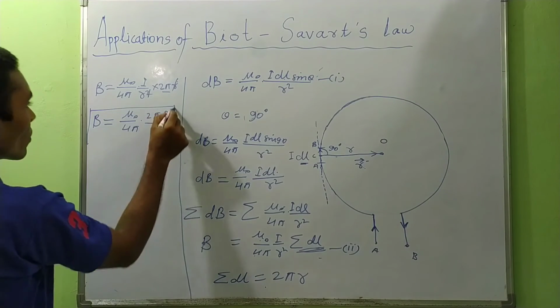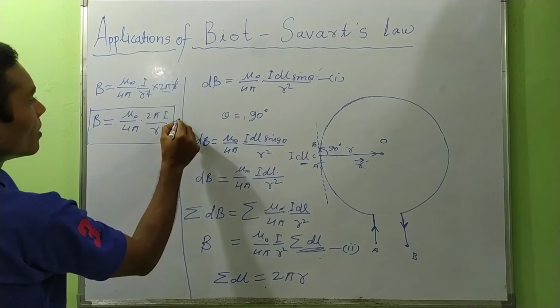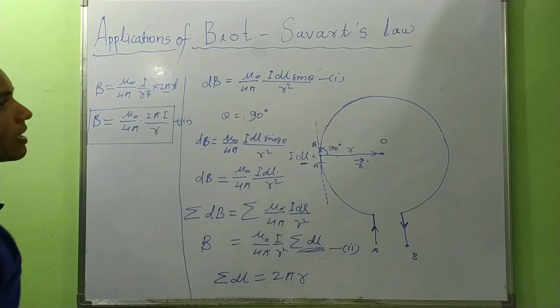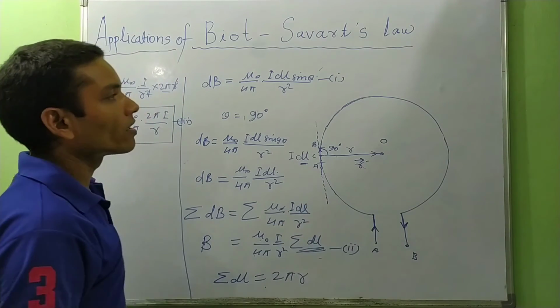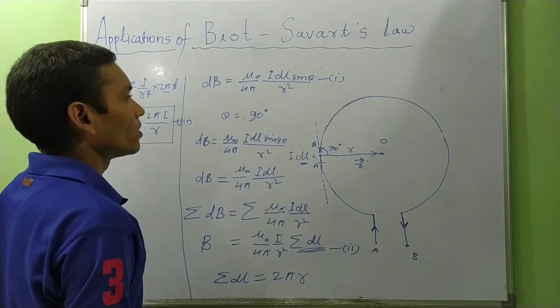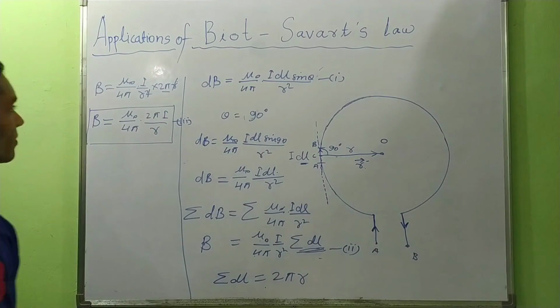This is the total magnetic field at the center of the circular loop due to the circular loop.